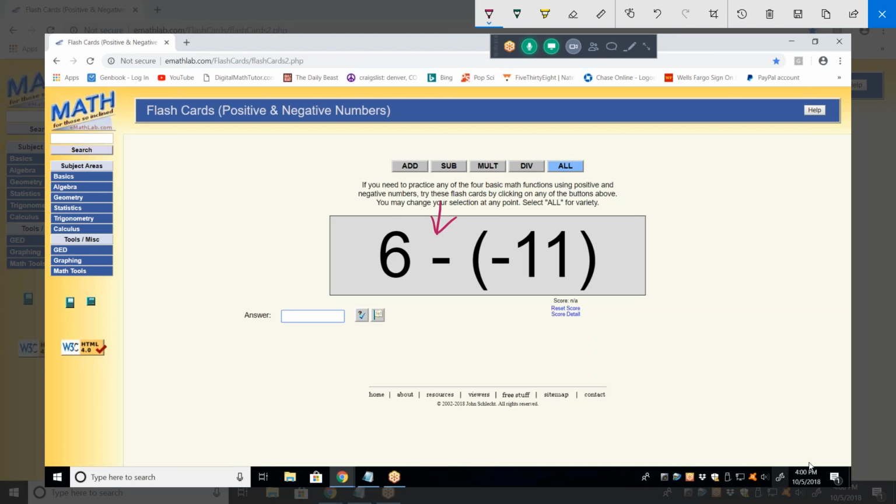That's not the subtraction sign here. That is a negative sign. This is the subtraction. So when I am doing a subtraction problem that involves other negative numbers, the best way to always do it is to turn it into an addition sign. How do I do that?